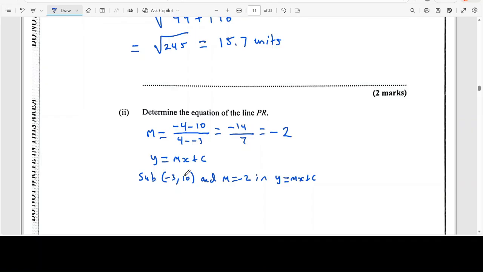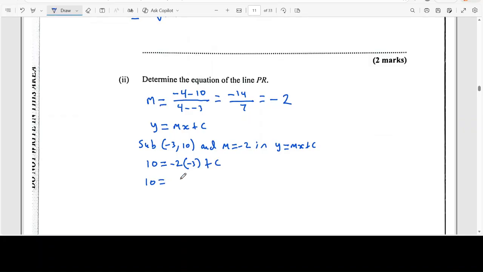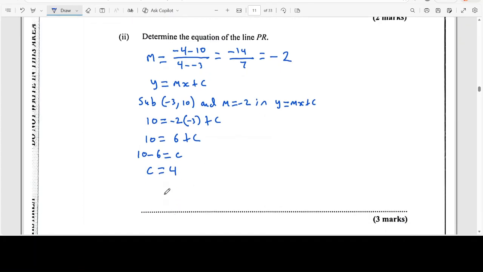So y is 10, m is the gradient, which is negative 2, x is negative 3, plus c. So here we have 10 is equal to negative 2 by negative 3 is positive 6. So then to get c, we carry the 6 across and subtract. 10 take away 6 is equal to c, therefore c is equal to 4. Right, so now the equation of our line is y is equal to negative 2x, negative 2 is the gradient, plus 4, 4 is your y-intercept.